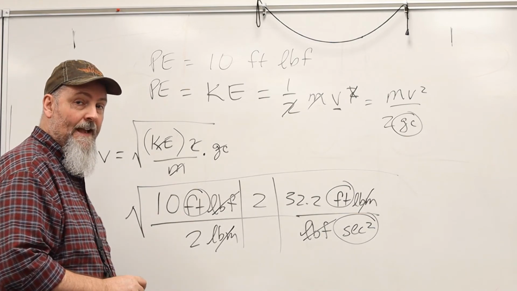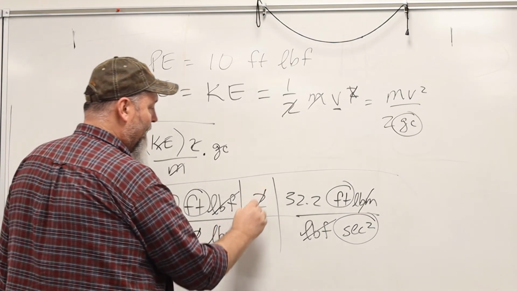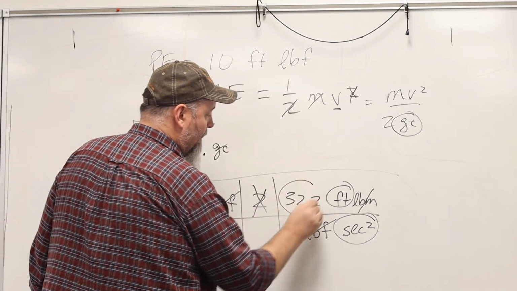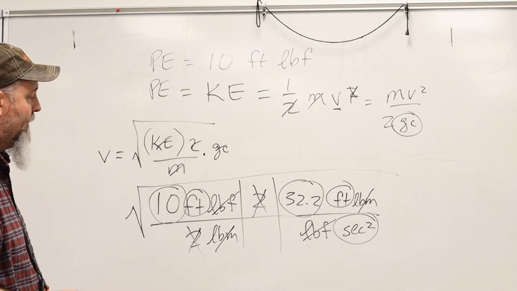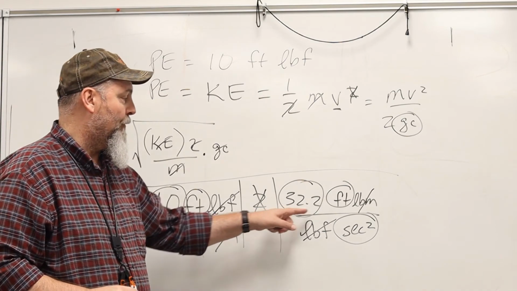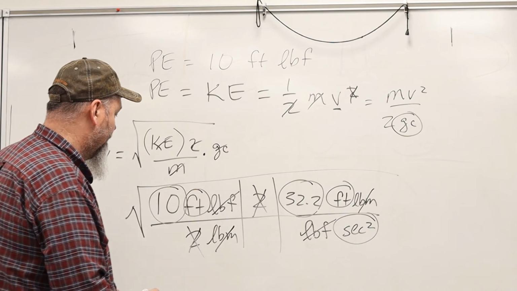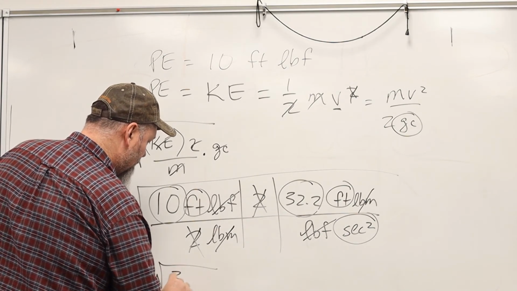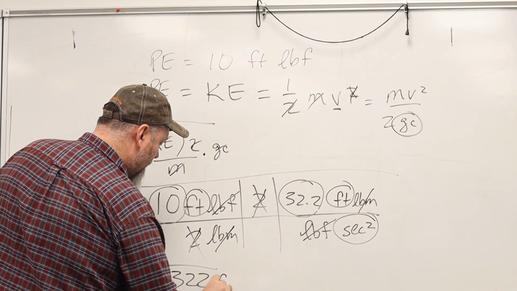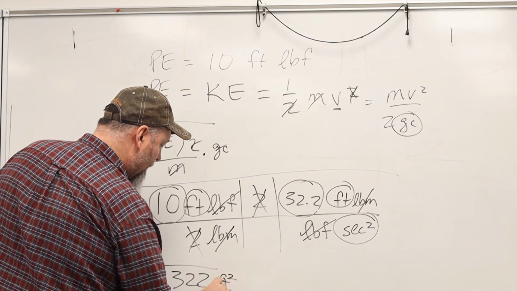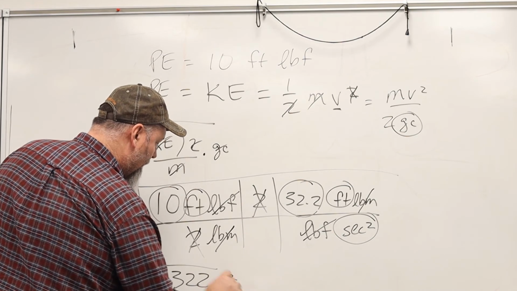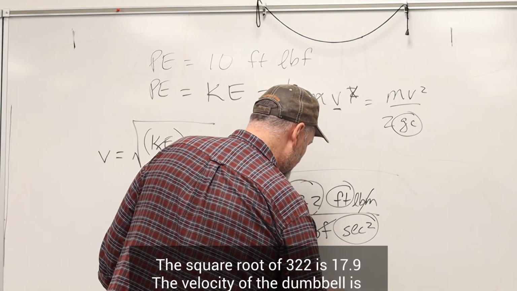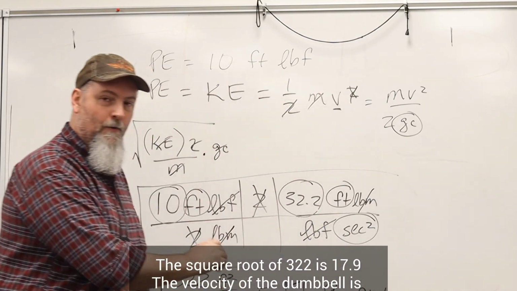Is there anything else that can cancel out? Absolutely. So I've got 10 times 32.2, which is 322. Feet squared per second squared, and the square root of that, it's hard to write that low, sorry.